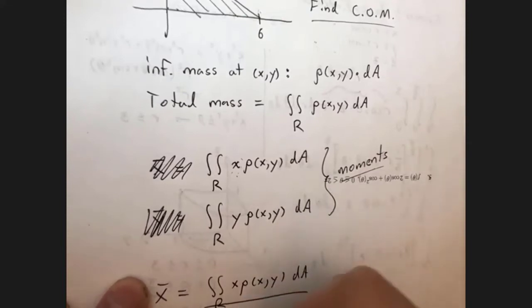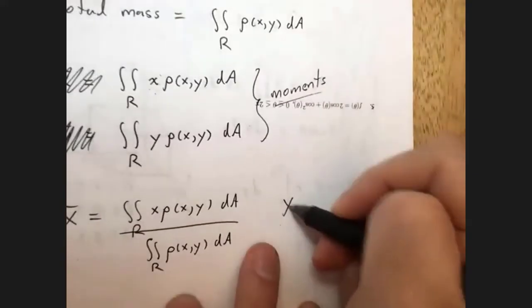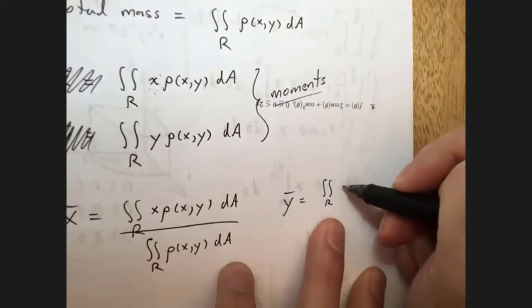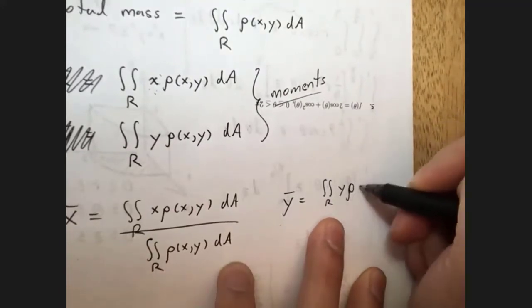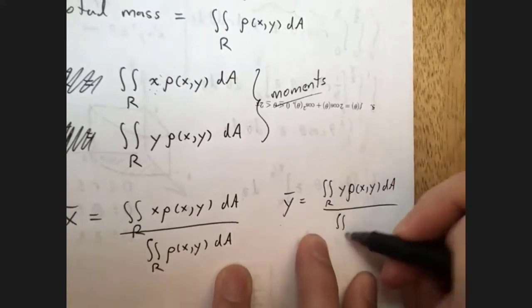So that's going to be this. And the y bar is going to be the moment for y divided by the total mass.